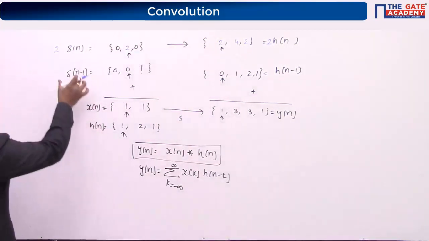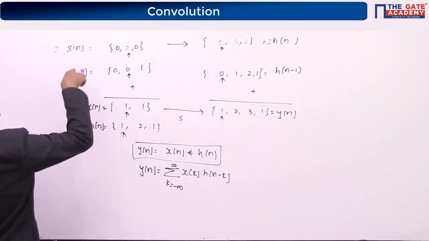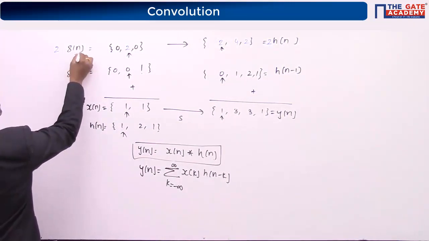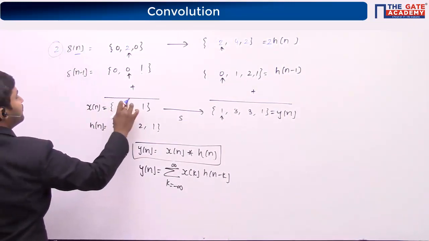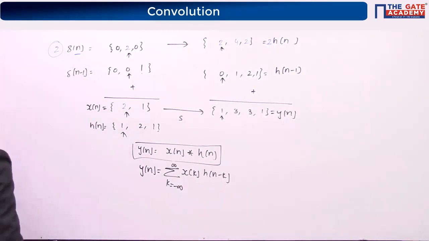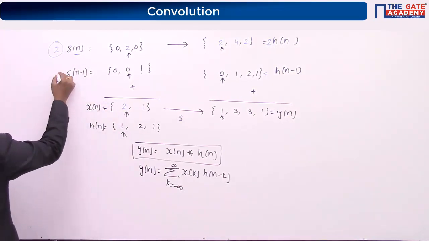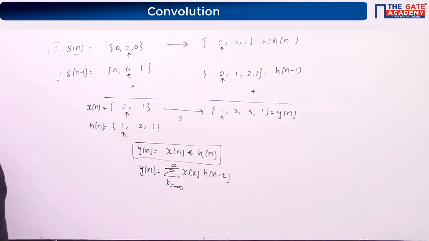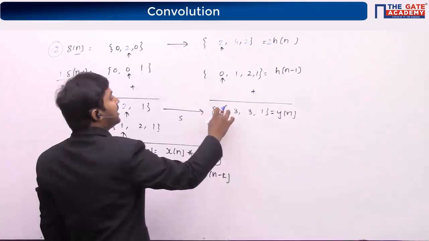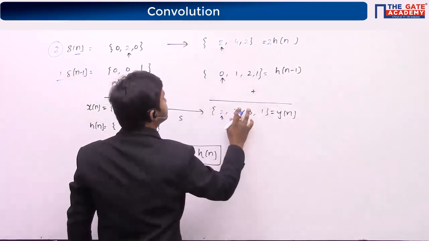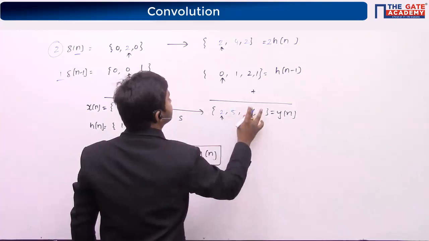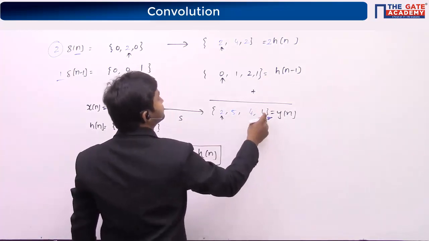So now if I add these two things together, then at n equal to 0 you have a value of 2, and at n equal to 1 you have a single 1. So the output becomes 2, 5, 4 and 1.